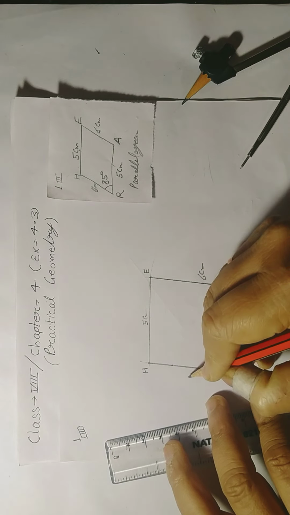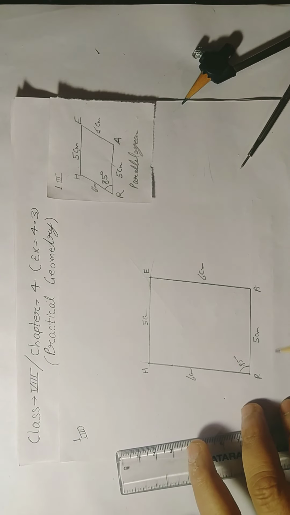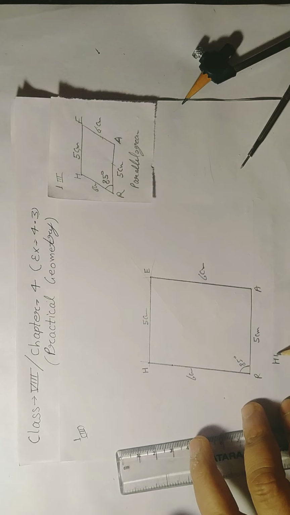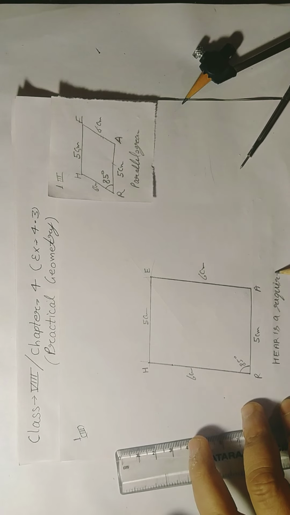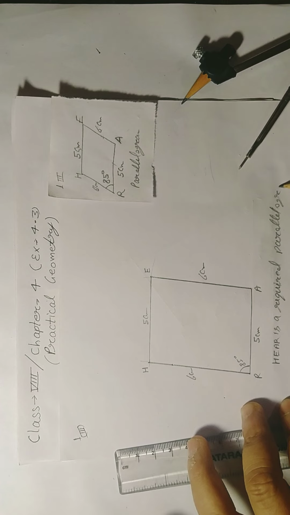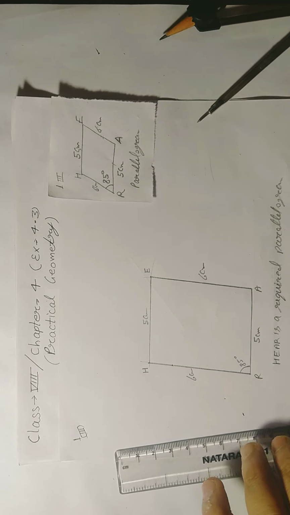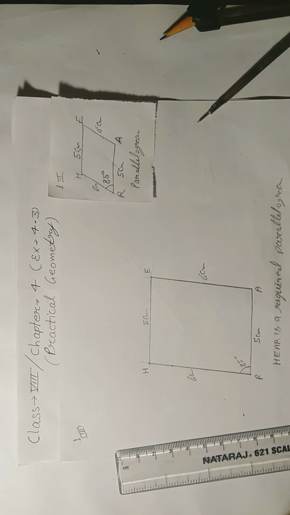Its length is 5 centimeter. It is also 6 centimeter. So finally we can say that HEAR is the required parallelogram. I am sure the question is clear. Just try it.